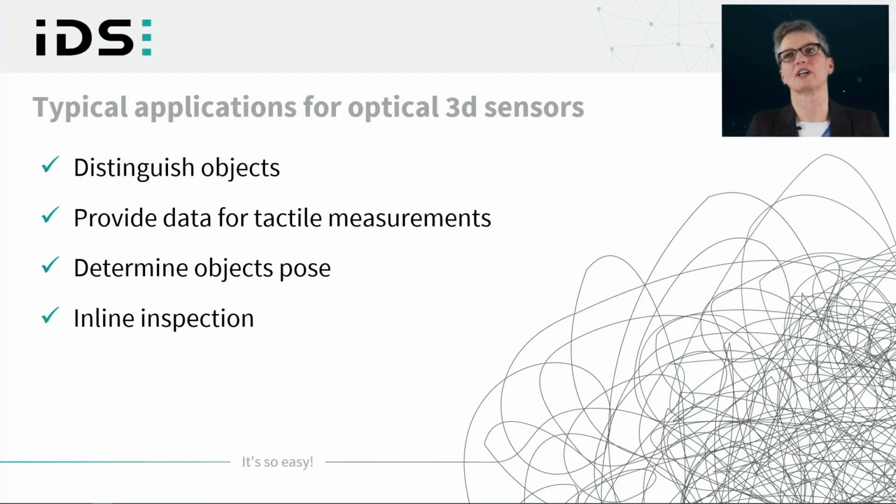For example, you can adapt the path of your tactile machine by evaluating the 3D data of your optical system. You can determine object poses for grabbing the objects with a robot. And because of the high frame rate that is available, you can use the optical 3D systems for inline inspection of objects.